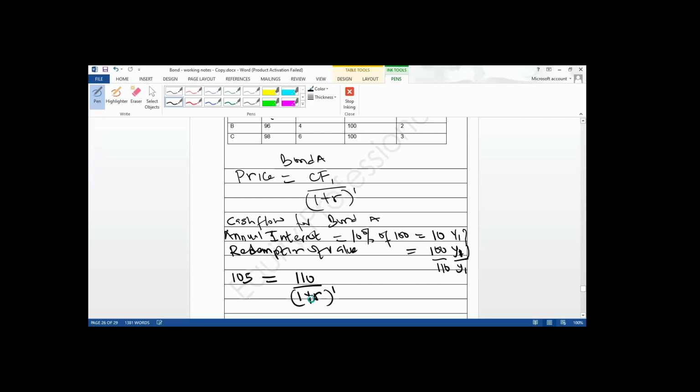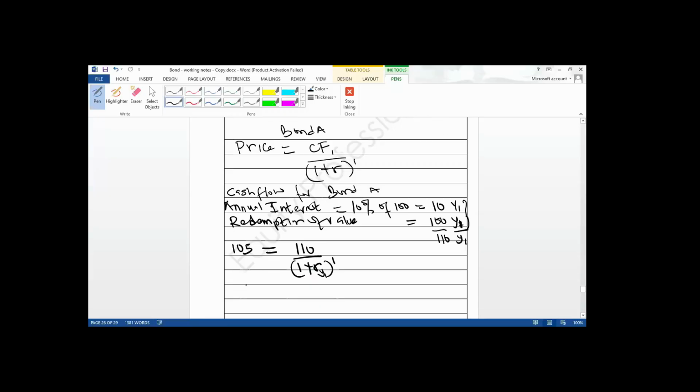What is R? Your R is the spot rate in year 1. We cross multiply: 105 times bracket 1 plus R in year 1 raised to power 1 is equal to 110.